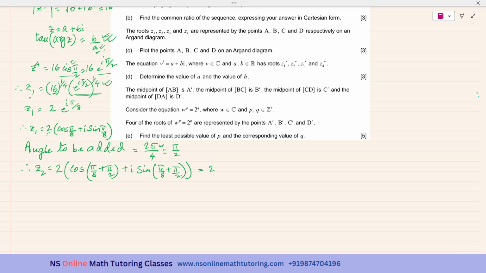So this is 2 cos. The LCM will be 8, of course. And this pi over 2 can be written as 4 pi over 8, plus pi over 8 will be giving us 5 pi over 8, plus i sine 5 pi over 8.